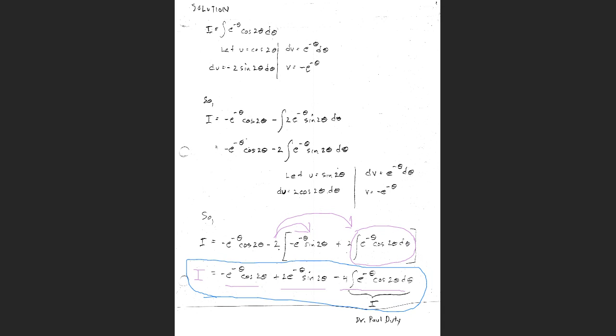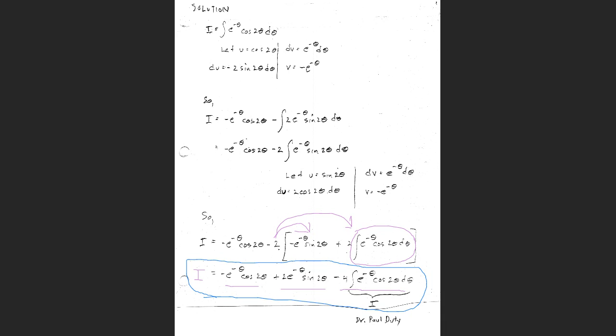Think about algebra. Can you add like terms or something? What do you want to add? Well, I want to get the I on one side of the equation, so you would add the 4I to the other side. That's right.